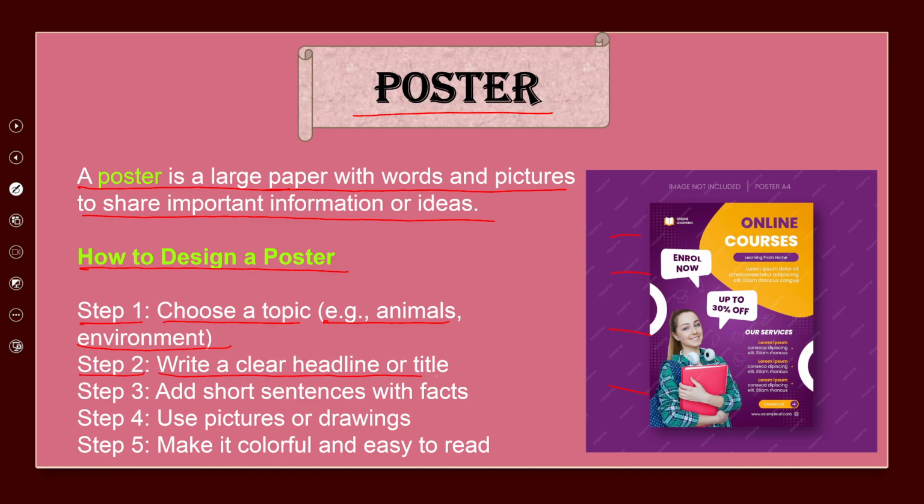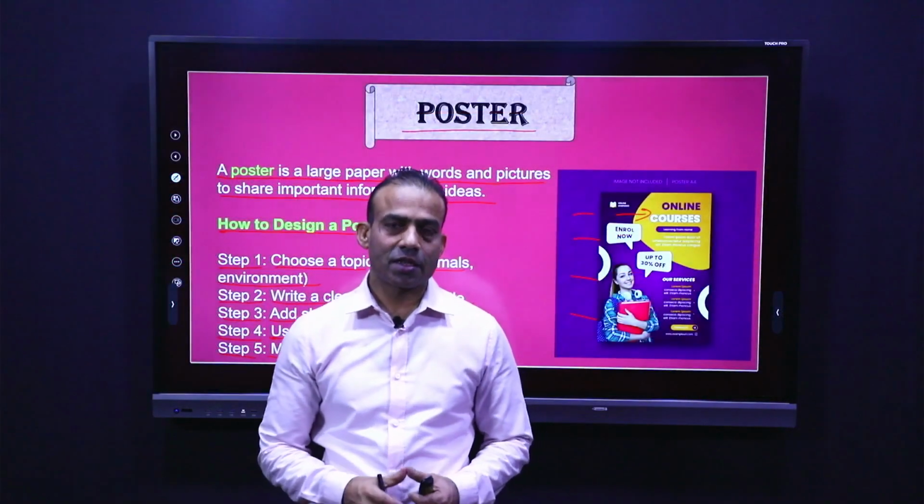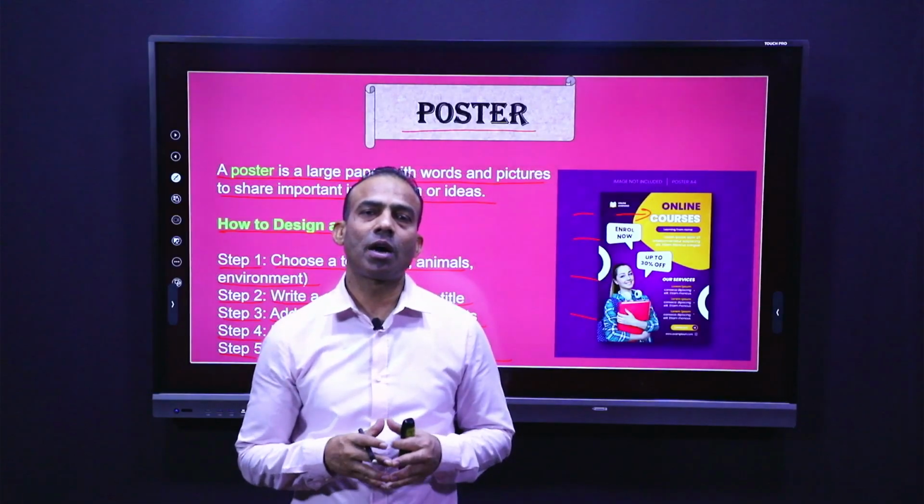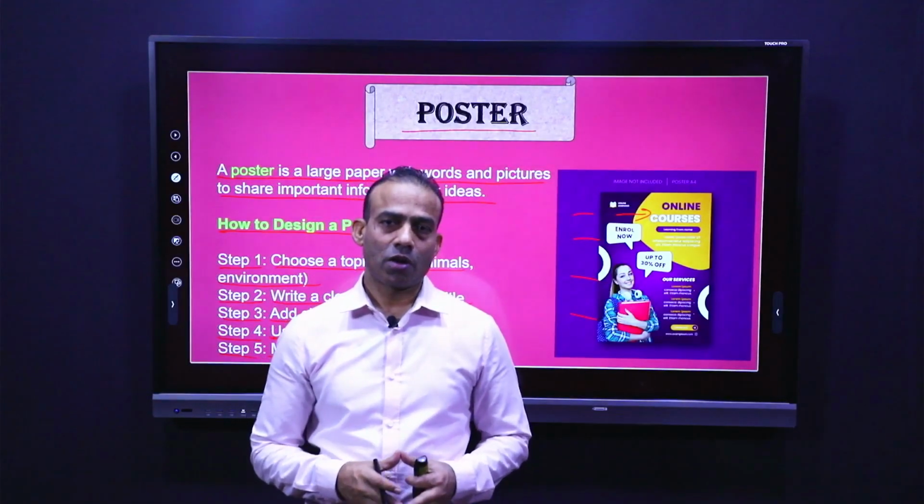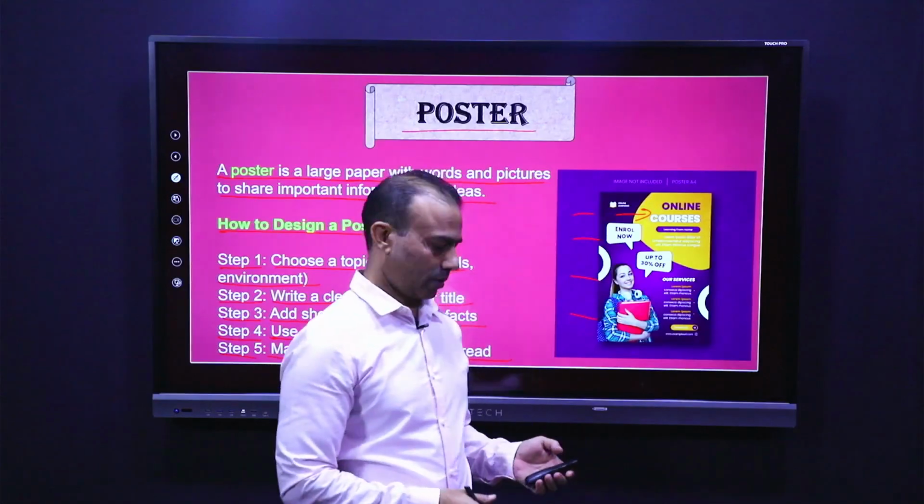Write a clear headline or title like this. Step 3. Add short sentences with facts. Step 4. Use pictures or drawings. Step 5. Make it colorful and easy to read. So dear learners, these are the parts of a poster. Now move to the next slide.